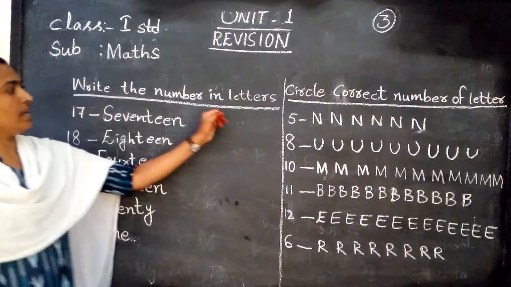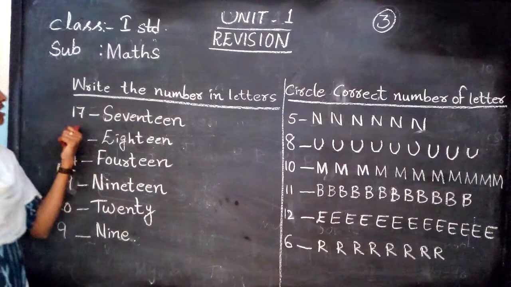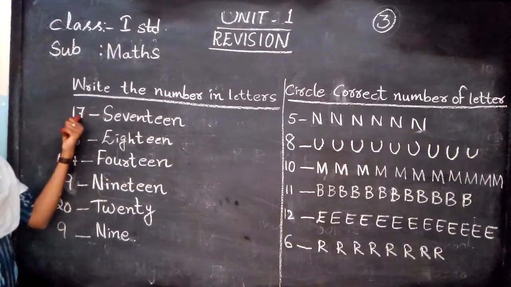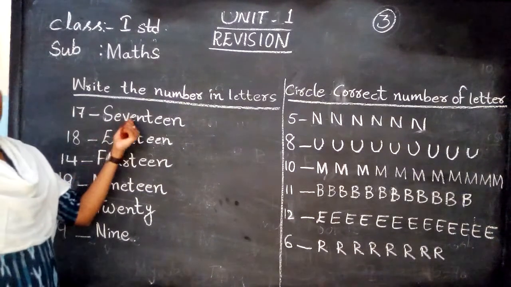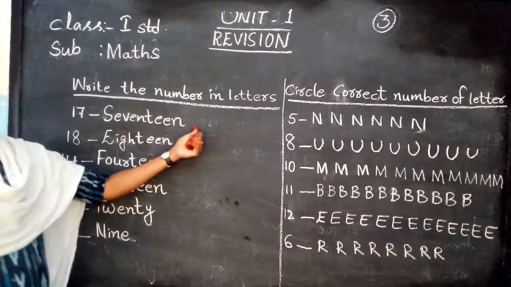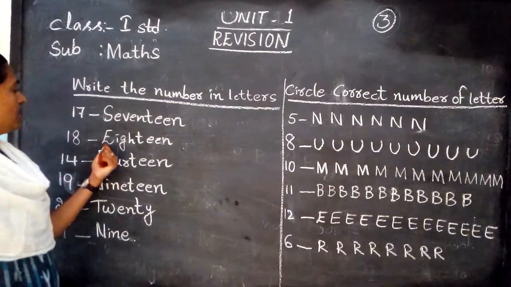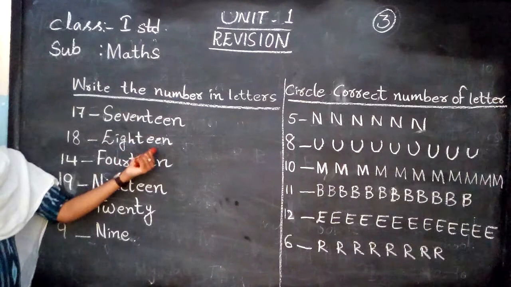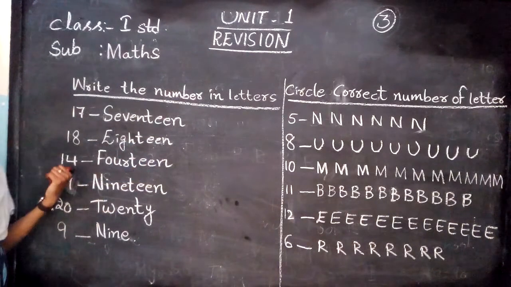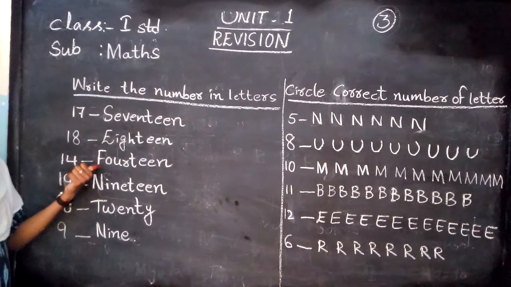Now I will repeat this. Write the number in letters. Letters means you have to write the spellings of these numbers. 17 spelling: SEVENTEEN, 17. What is this number? 18. Spelling of 18? EIGHTEEN, 18. 14?